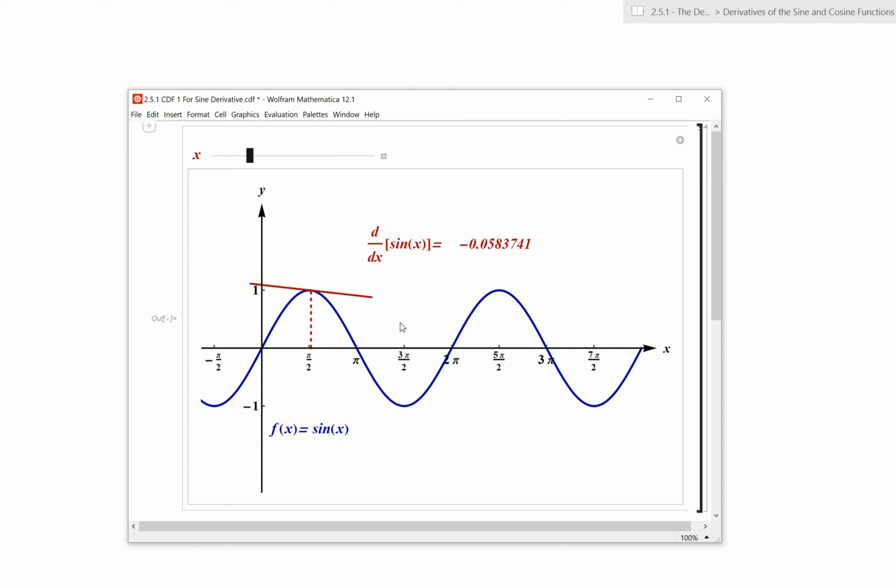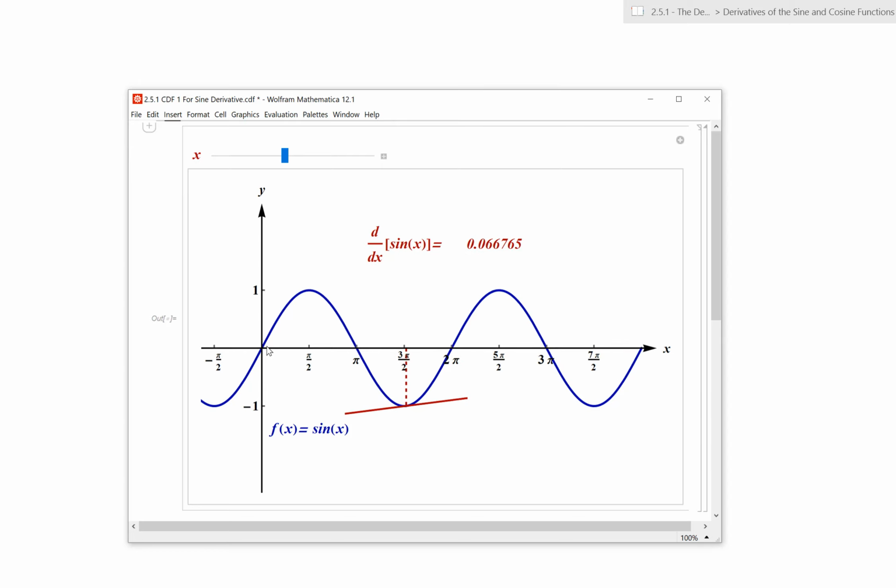Moreover, from pi over 2 to 3 pi over 2, the sine function is decreasing, so we should expect the slope to be negative, and we can see right away we're a little to the right of pi over 2 and the slope is negative. As I move through the interval, the slope becomes more and more negative and seems to obtain its most negative value right at pi, which seems to be negative 1, before getting closer and closer back to 0 as we get to 3 pi over 2.